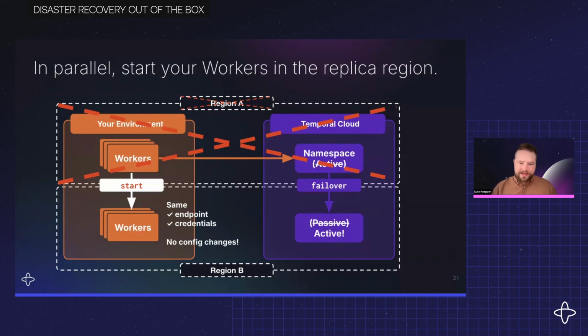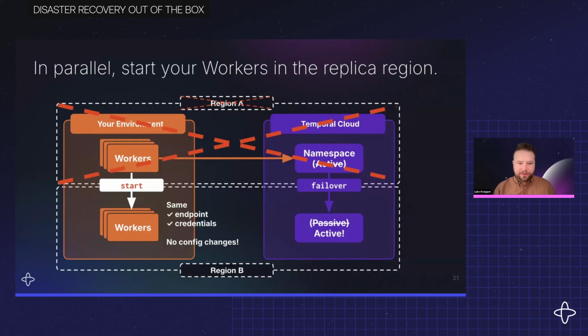So I said there's two things that happen in parallel. This is the other thing. So you need to start your workers in that new region, because if your workers were running in region A that had an outage, they're going to be degraded, impacted, unreachable too. Now, one thing I love about Temporal Cloud is when you start your workers in this new region, and now they're connecting to Temporal Cloud in a different region, there's no config changes needed in your SDK.